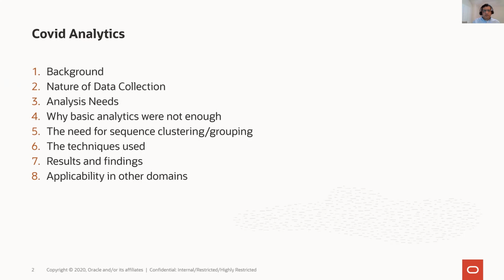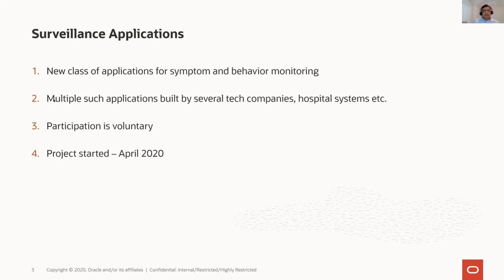Now, coming to this specific application, like Dan mentioned, with COVID, a new class of applications called surveillance applications came into being last year. As you can imagine, one of the key issues in early stages of COVID was symptom and behavior monitoring, especially when the testing was limited in the initial stages.